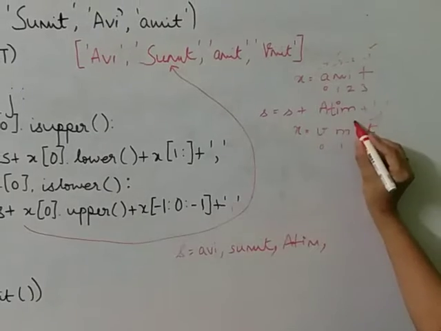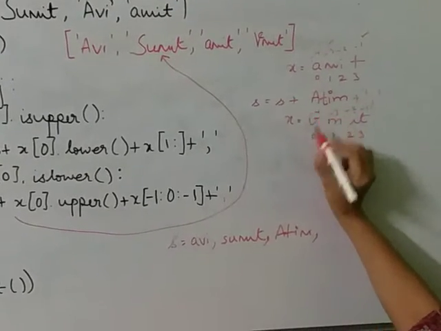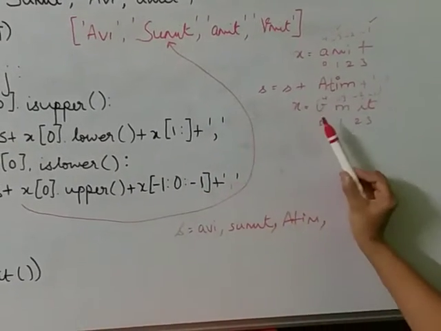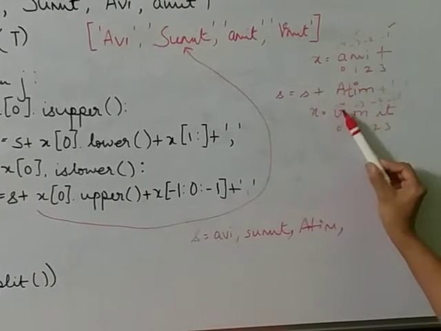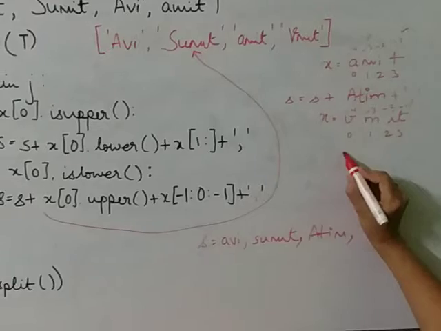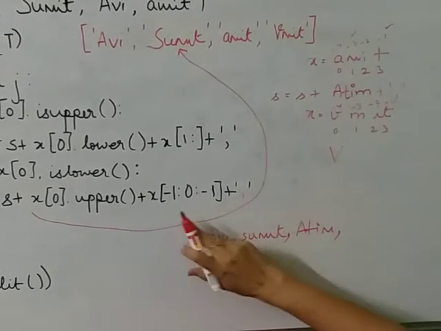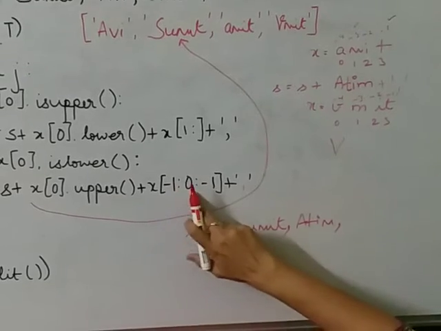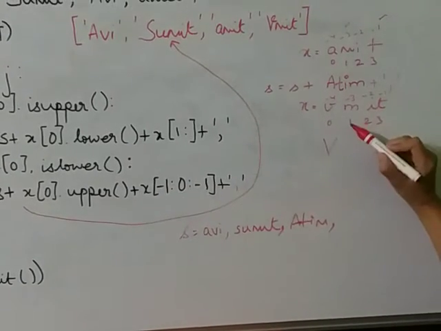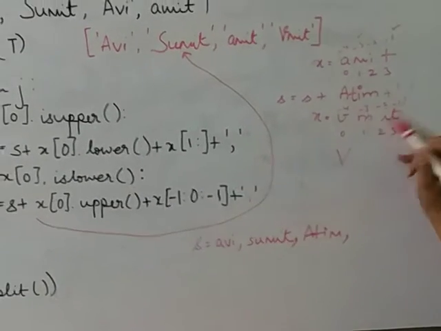3, minus 1, minus 2, minus 3, minus 4, like this. Again it is checking the zeroth index is upper, false, is lower, true, that means make it upper case, and then do reverse slicing, minus 1 to 0, that means minus 1 to 1, this means till here.